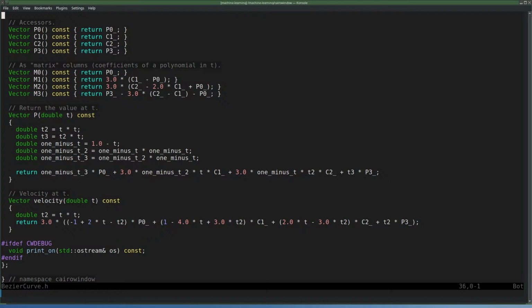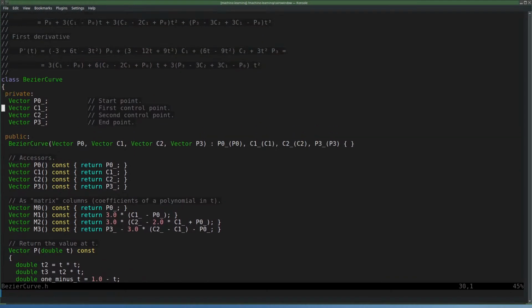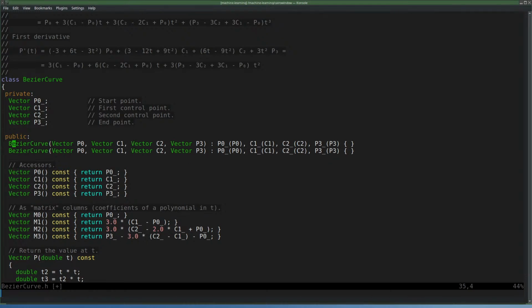So let's say we create a Bezier curve from only 2 points. No control points. We don't know the control points.